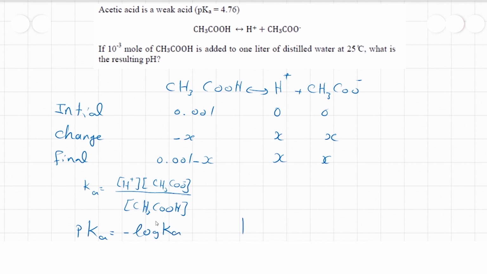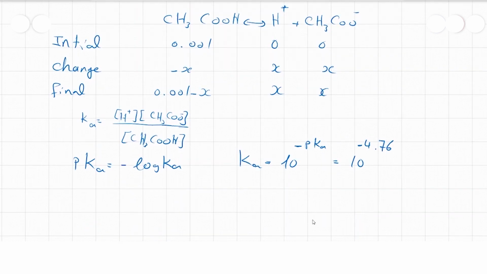This means Ka value is equal to 10 to the power minus pKa value, which is equal to 10 to the power minus 4.26. This will give me that the Ka value is equal to 1.74 multiplied by 10 to the power minus 5.